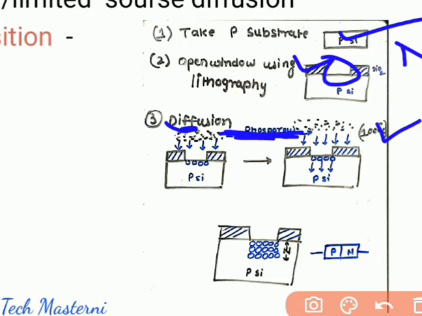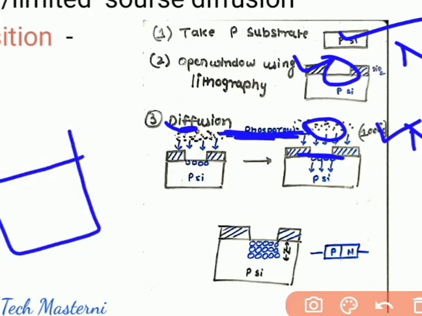As we know, diffusion happens from higher concentration to lower concentration. So when this dopant Nd, which is phosphorus, or you can also say donor, goes to the surface of the p-type substrate, it will dissolve in the upper part of the substrate. This is my surface and here is my source of Nd.